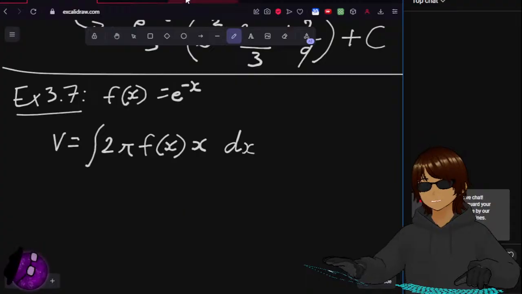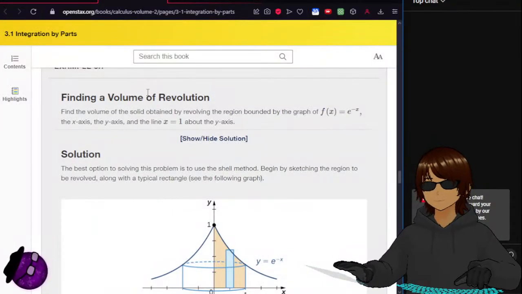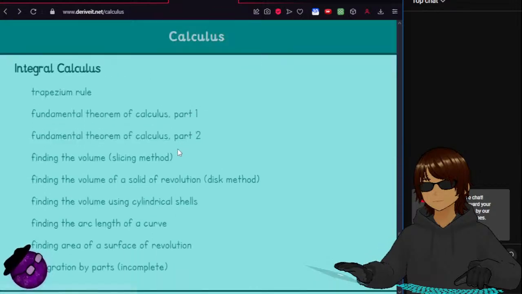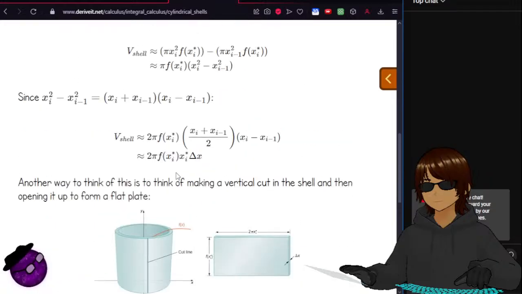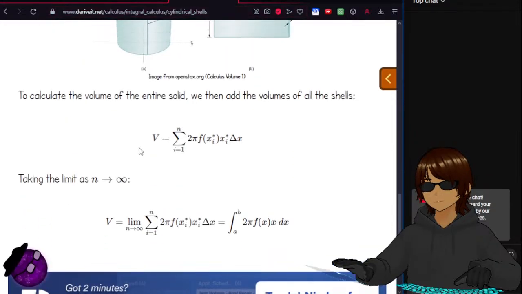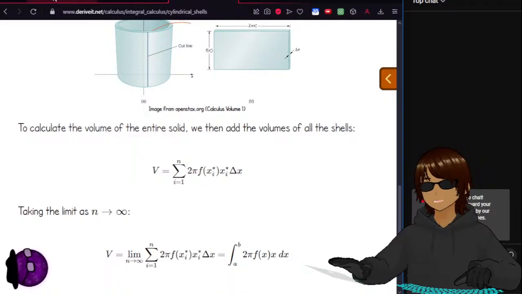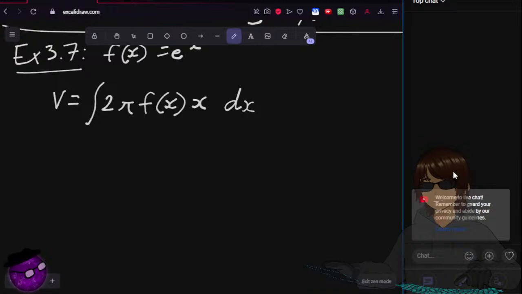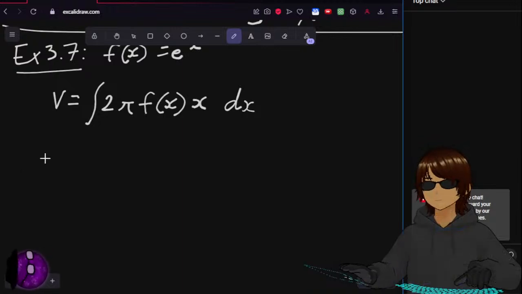I think it's this. Yes, because it's like opening up one of the shells, from 0 to 1.